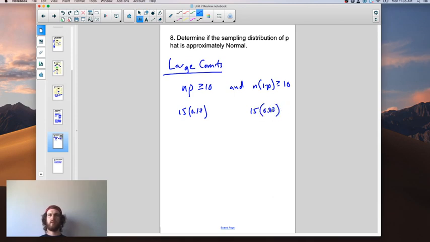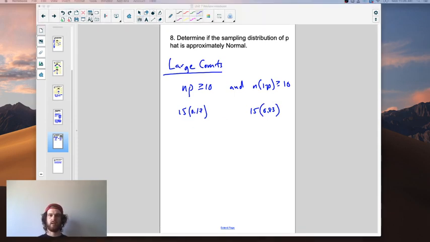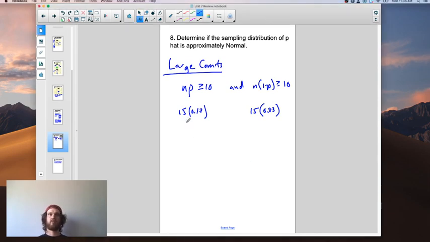Okay, so I'll let you guys do the math here. It turns out that this one here is equal to 2.55, which is no bueno, so we can stop there, and we don't even really need to do this calculation. n times p is equal to 2.55, which is less than 10.